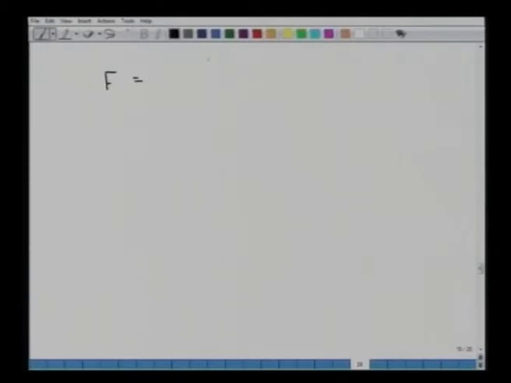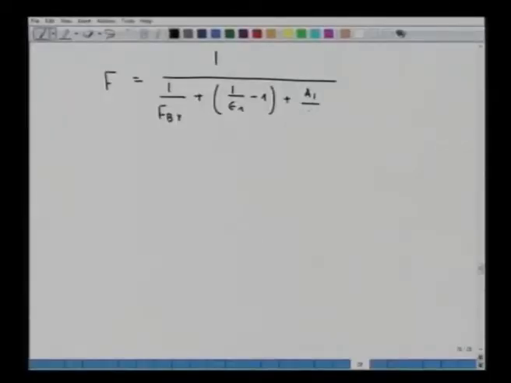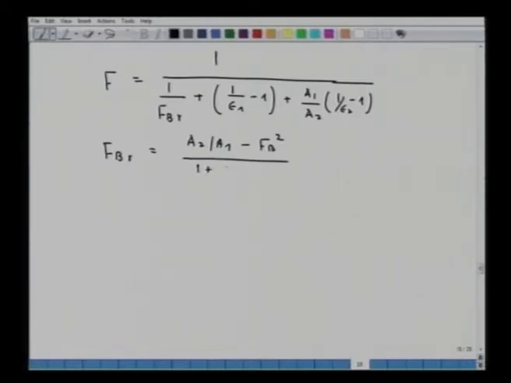and F is equal to, you recall, 1 upon [FBr plus 1 upon (epsilon 1 minus 1) plus A1 upon A2 (1 upon epsilon 2 minus 1)], that is the formula we derived earlier, and you also know that FBr is equal to (A2 upon A1 minus FB square) upon (1 plus A2 upon A1 minus 2 FB).